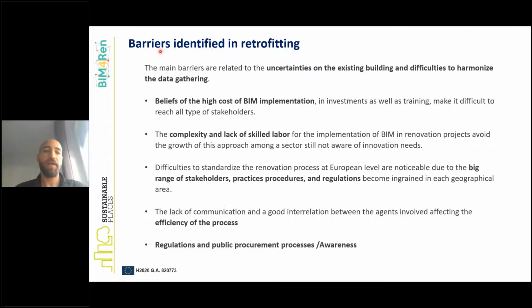Or they say there are many stakeholders involved in the process, and it becomes complex, and we are already used to a specific process. And also the regulation of the public and the general awareness about public authorities and so on all make a barrier against that.